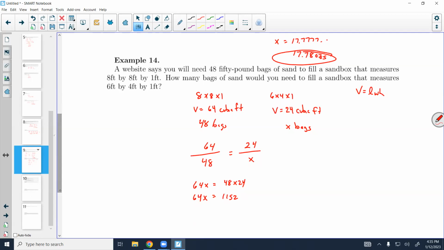And we get x equals 18 bags. Same principle, same thing. So any questions on proportion equations, rates, ratios?